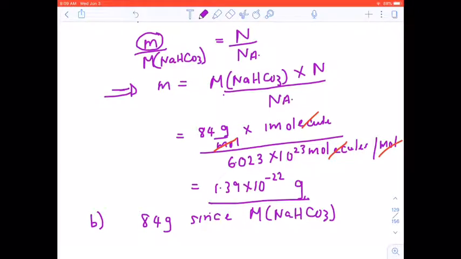And the molar mass here is equal to 84 grams per mole, right? Okay.